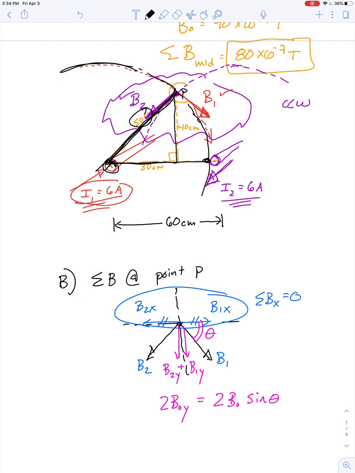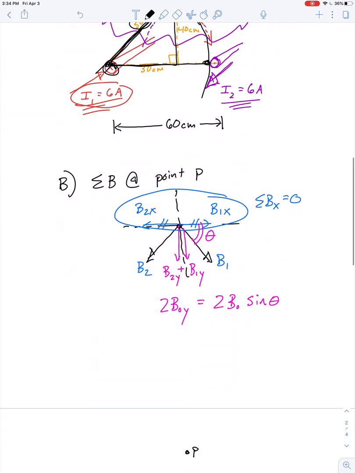Okay. So we have a right triangle with a hypotenuse of 50, an adjacent side of 30 centimeters, and an opposite side of 40. And so I believe that this works out to be a 53-degree angle.